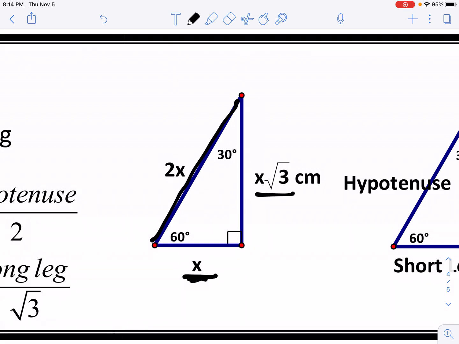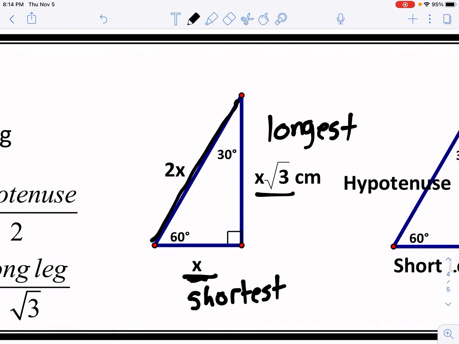Okay, so understand this. We have our shortest leg, the longest leg, and then the hypotenuse. Okay, so the shortest leg, if we think of it as x, then the longest leg would be x times the square root of 3, and the hypotenuse would be 2 times x, whatever that number happens to be.